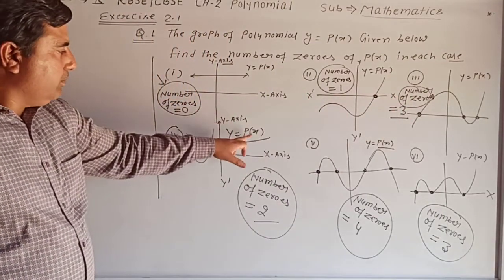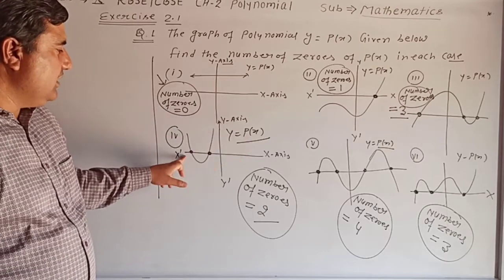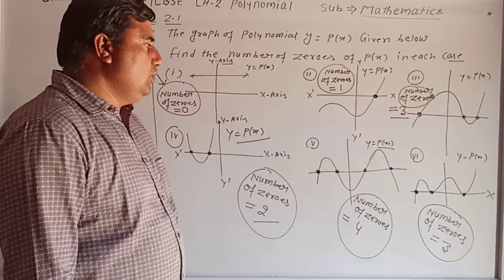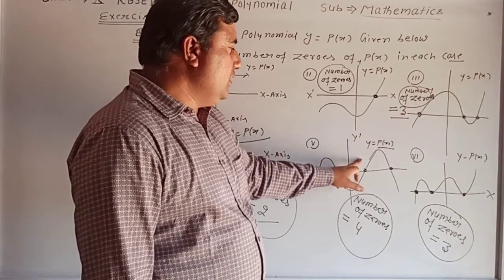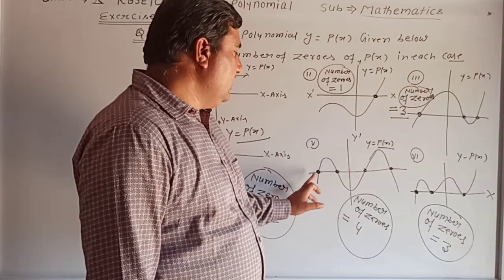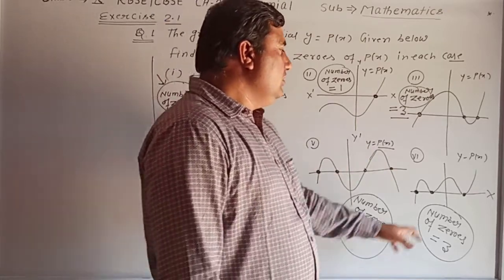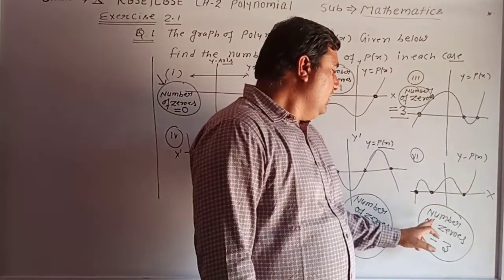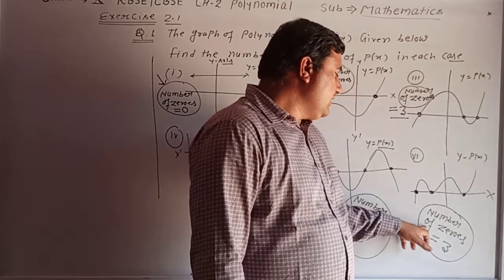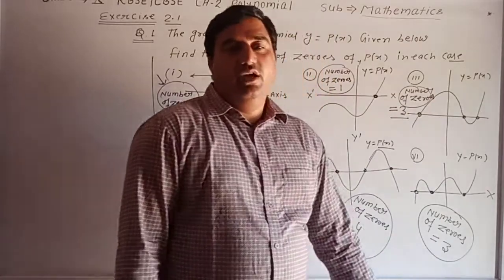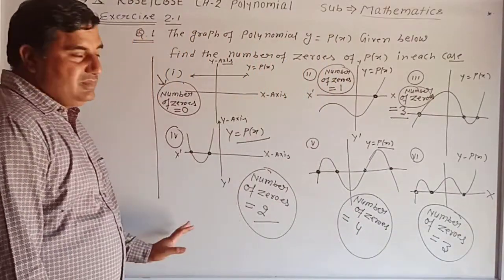This one intersects 2 times, so the number of zeros is 2. This one intersects 4 times, so the number of zeros is 4. This one intersects 1, 2, 3 times, so the number of zeros is 3. Clear?